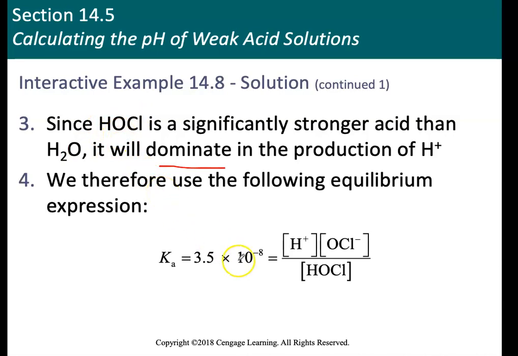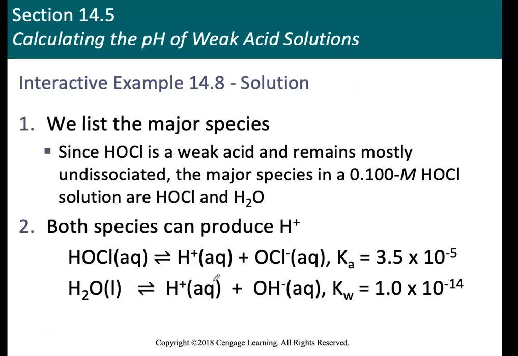So we can now use this expression here: 3.5 times 10 to the power of minus 8. Okay, I have to make one correction here. Please apologize for this. This should be minus 8. Sorry for that mistake.